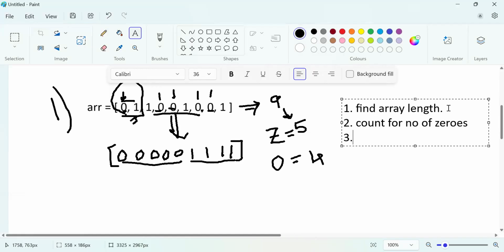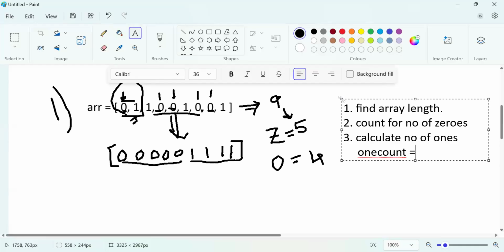And now calculate the number of ones. How will you calculate it, guys? Ones count equals total length minus number of zeros. This is the formula, or whatever you want to call it.